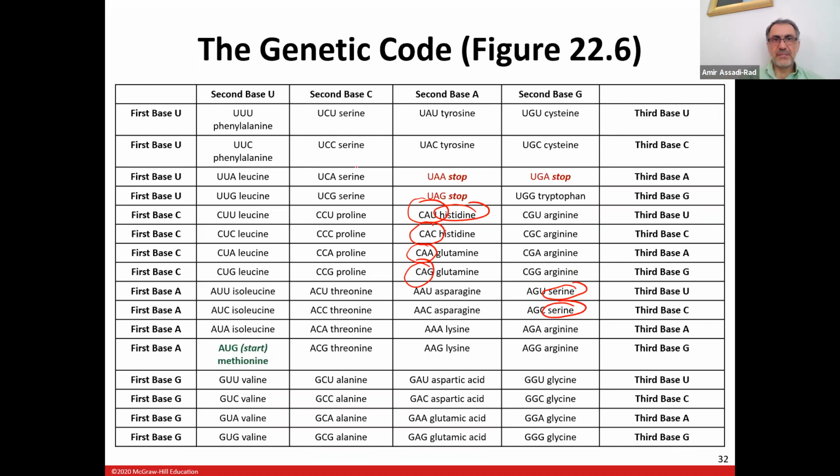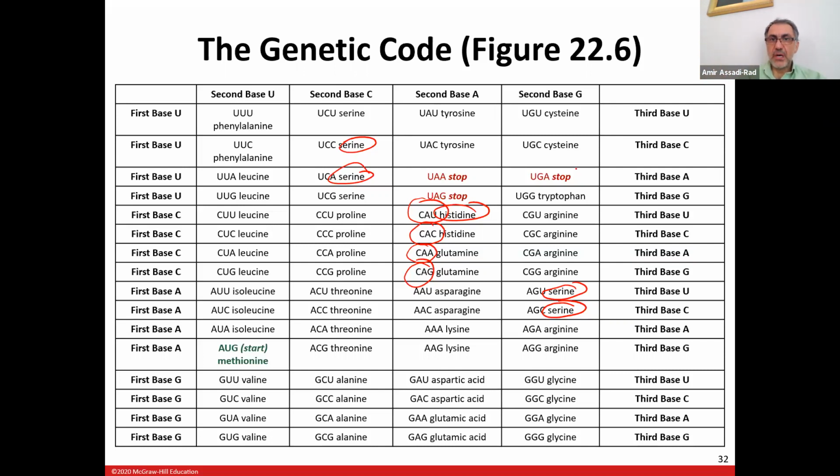There should be serine here. So it is possible, that's why you have 64 codons but only 20 amino acids. For one amino acid, you have several codons, depending. Some 2, some 4, as you saw in the case of serine.